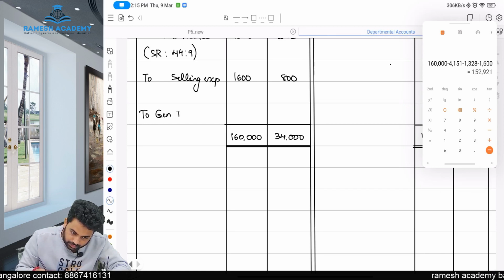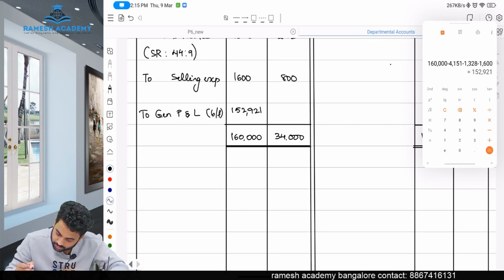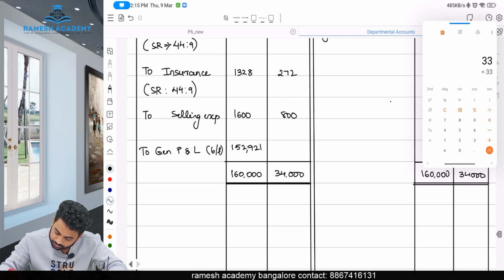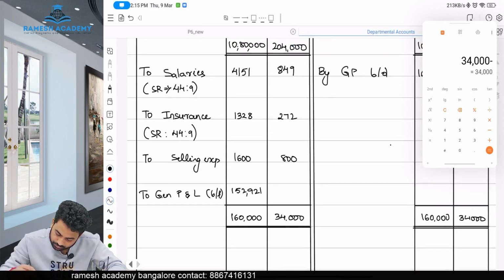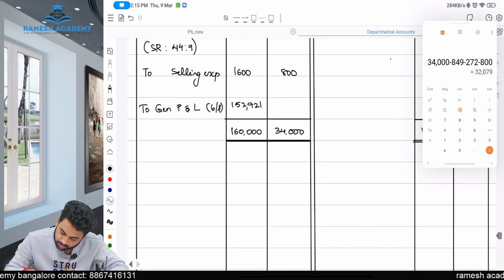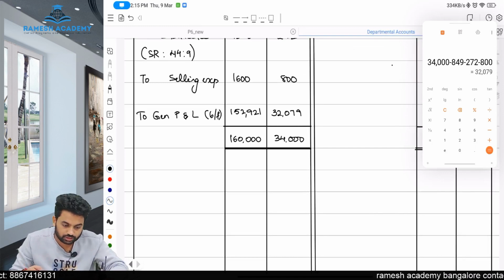To general P&L, balancing figure of 152,921 and 34,000 minus 849 minus 272 minus 800, 32079.